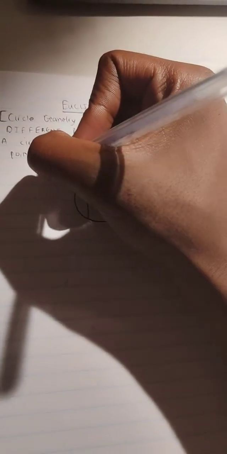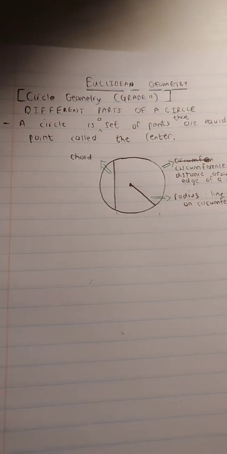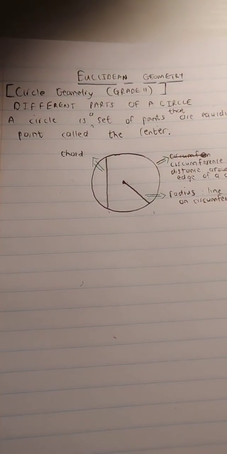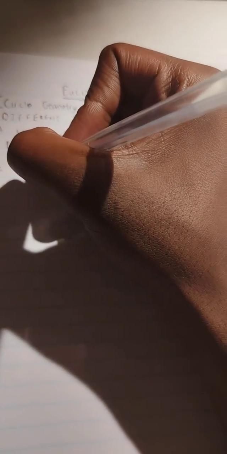So we call that a chord. A chord is basically a line from one end of the circumference to another.